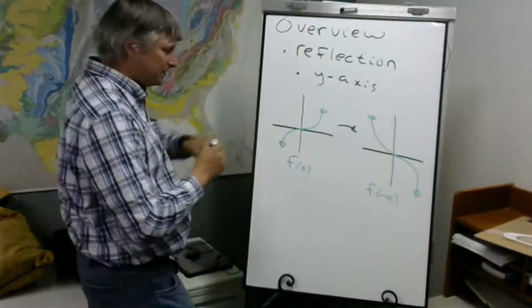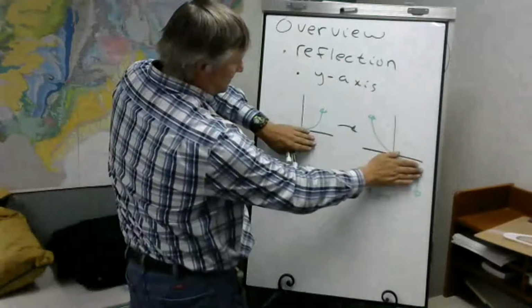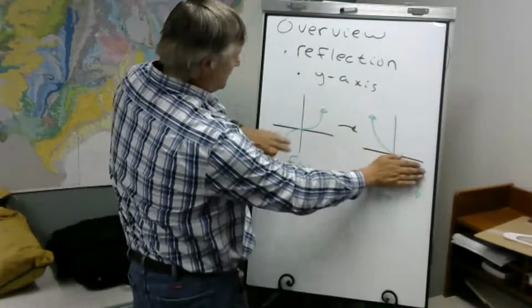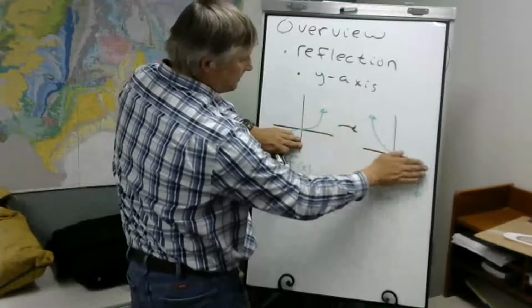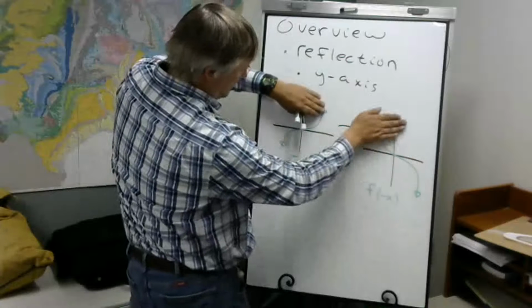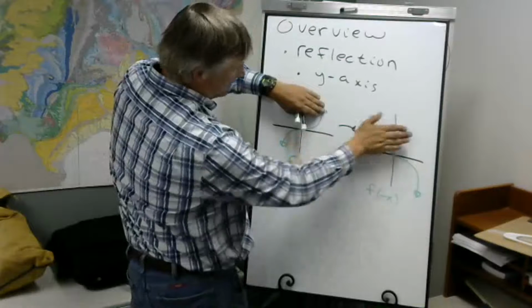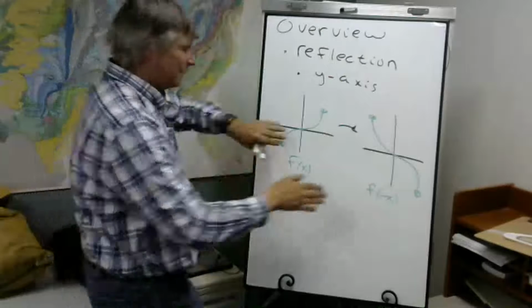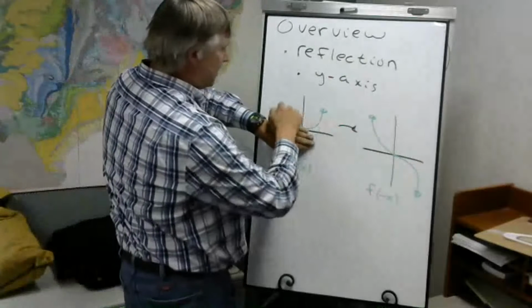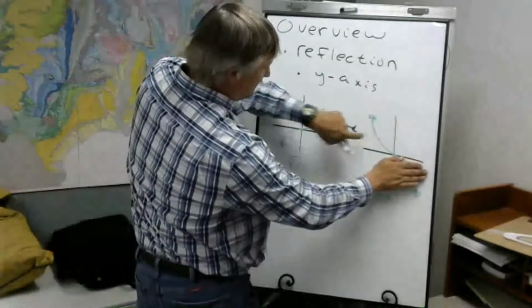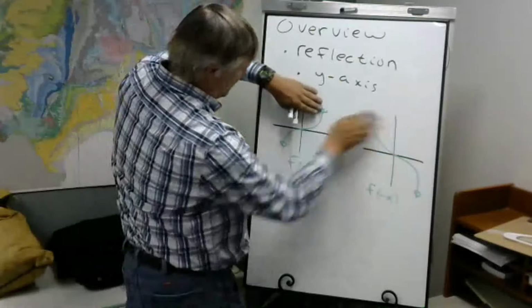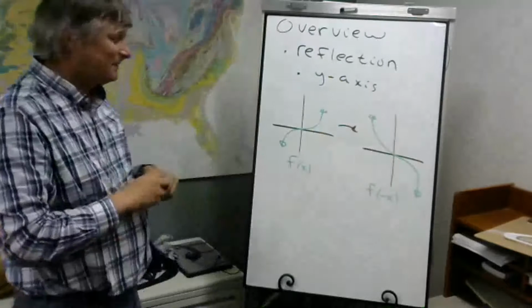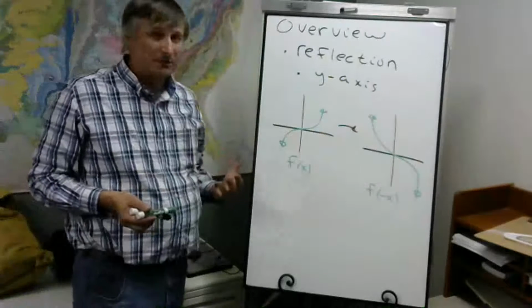If you want to see the result a little clearer, flip this over this side, you get this. Flip this across the y-axis, you're going to get this. Flip this across the y-axis, you're going to get that. So that's how we can reflect across the y-axis.